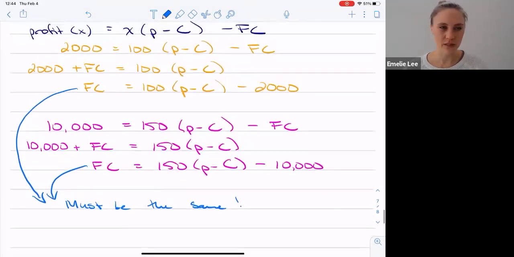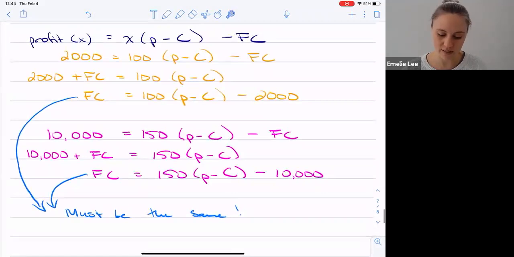So what I'm going to do, right, and this is where it gets a little bit weird, at least for the first time that we're doing something like this. So here I've got a fixed cost, and here I've got a fixed cost. You might remember when we were solving for the equilibrium price and quantity, we had Q equals something and Q equals something.